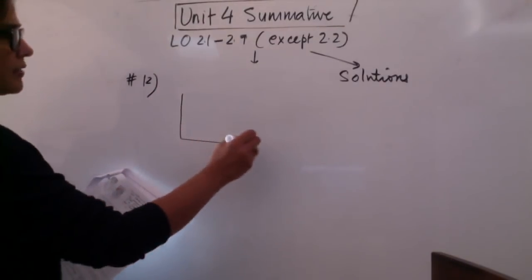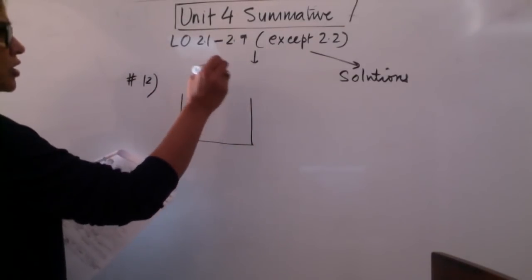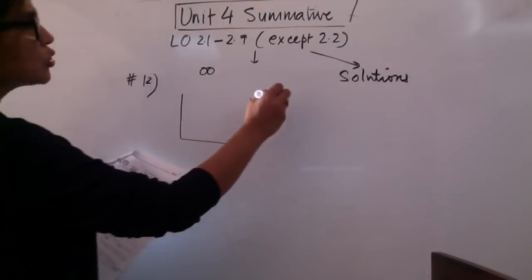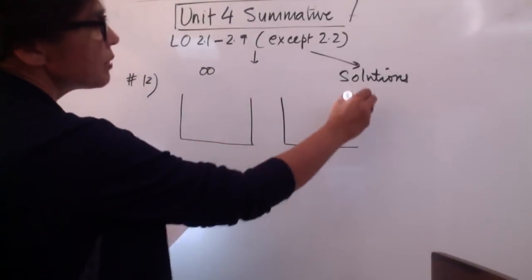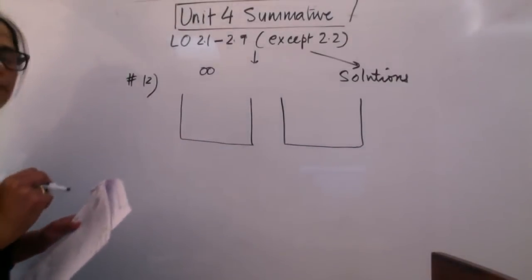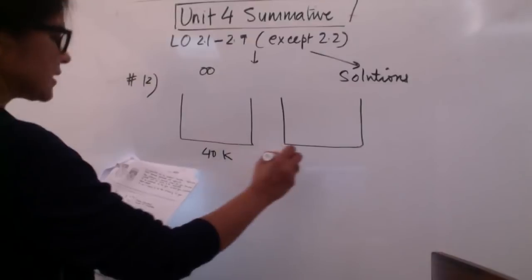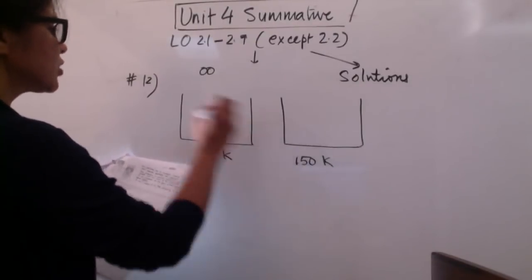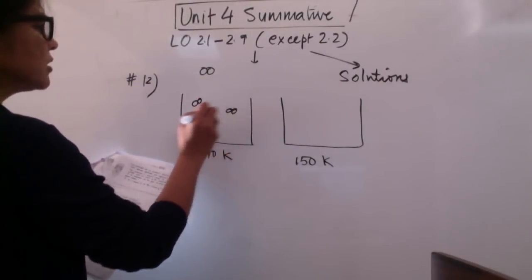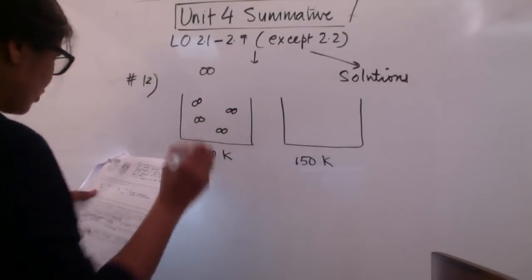And they have given you a legend for oxygen. You can choose to draw any number of particles, but 4 to 6 is a good number. So let's say this is at 40 Kelvin and this is at 150 Kelvin. So let's say we took 1, 2, 3, 4 particles.